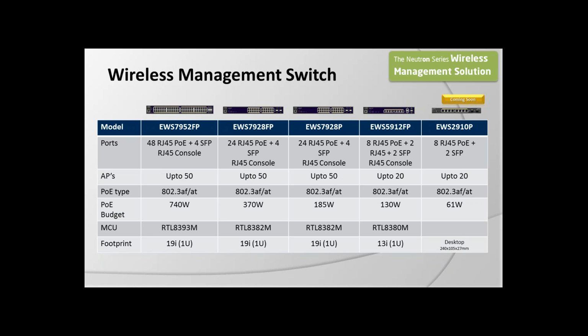With our EnGenius Neutron solution, we want to provide you a very scalable and a very flexible solution to fit any deployment. So starting from a very small switch with entry-level access points up to advanced switches with high power PoE budget and outdoor access point with 11AC 3x3.